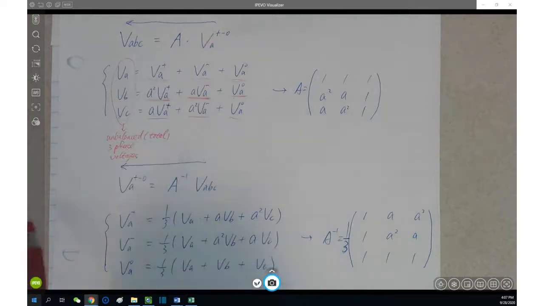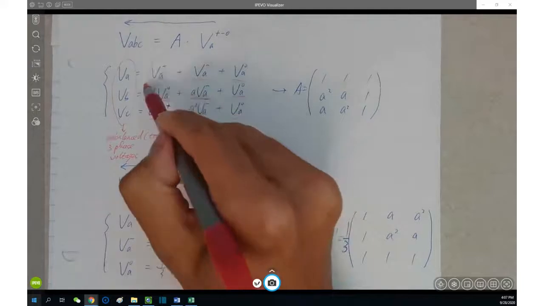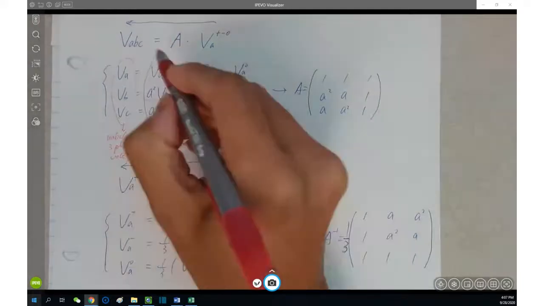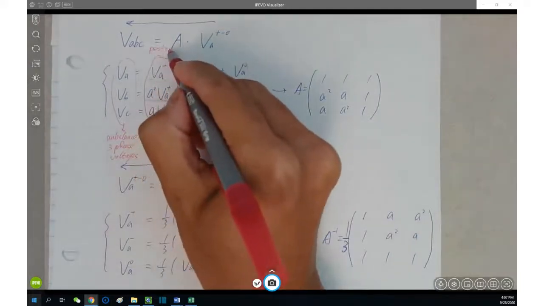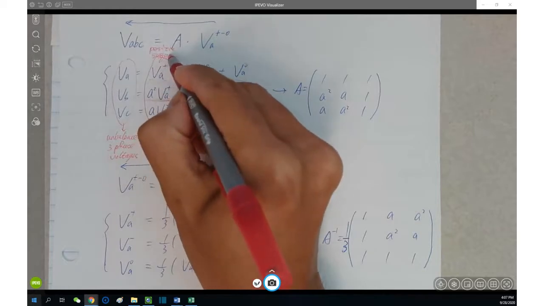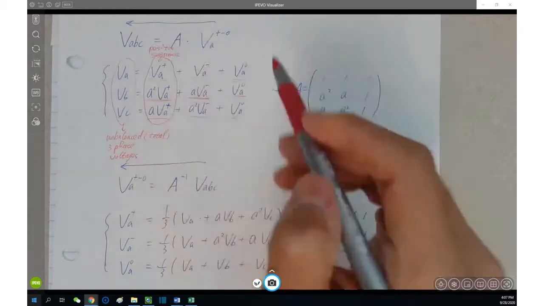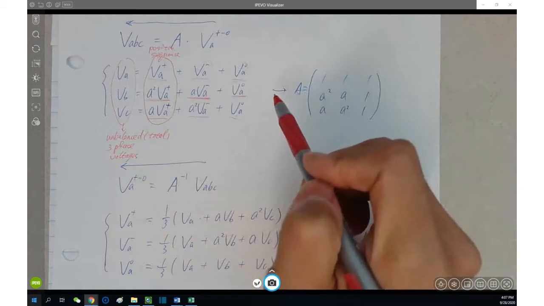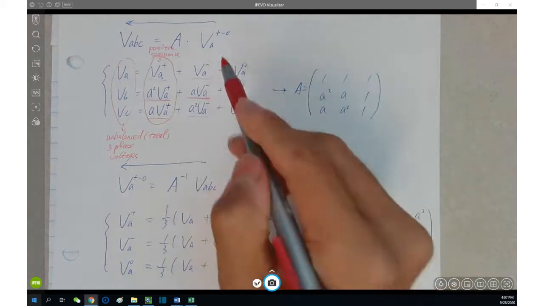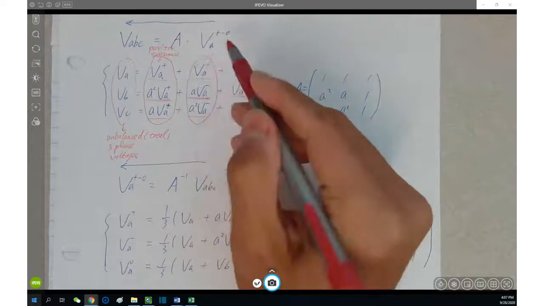Okay. So this is the unbalanced total voltage. And obviously this column is what? Positive sequence, right? Positive sequence for phase A, B, and C. These three are what?